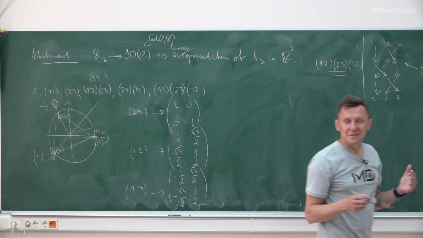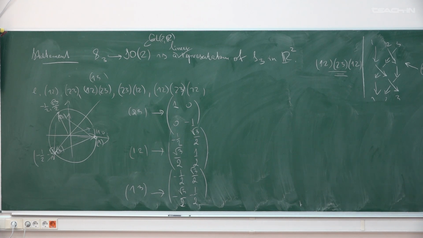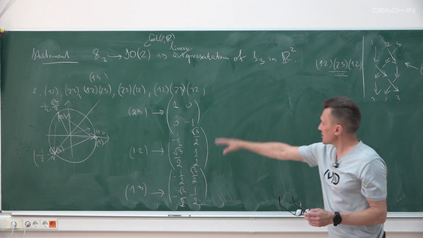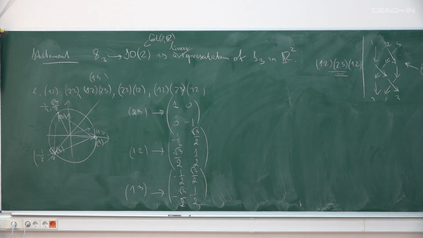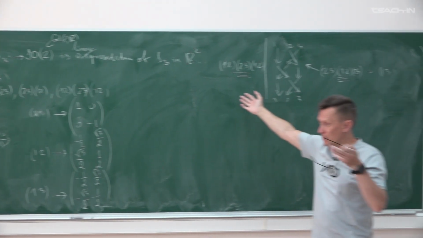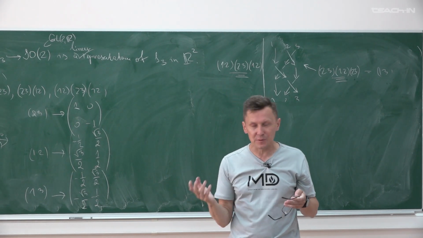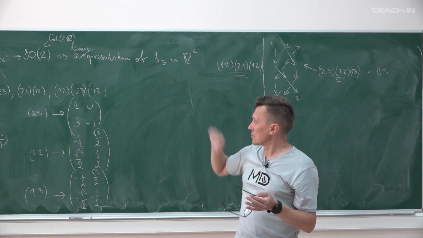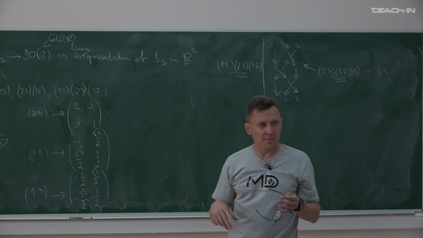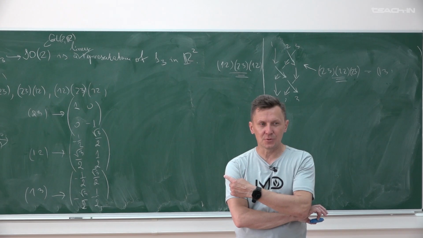Yes. It's a part of the homomorphism property. If the matrices like this satisfy the same relation, it's a part of the homomorphism property for this map from the symmetric group to the group of matrices. Did you succeed?